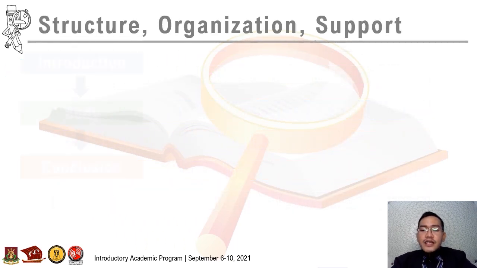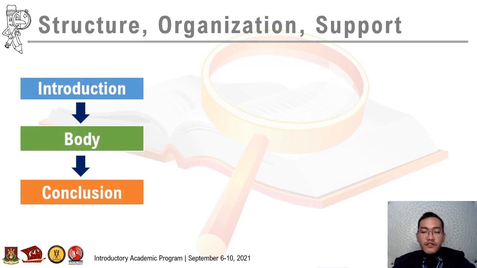Alright, let's proceed to the last part of my lecture, which covers some important reminders regarding writing. So all types of writing require structure, organization, and support, right? In terms of structure, we have been taught since elementary that our composition must have an introduction, body, and conclusion.